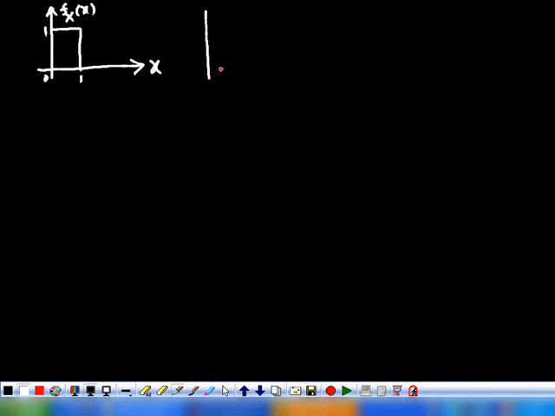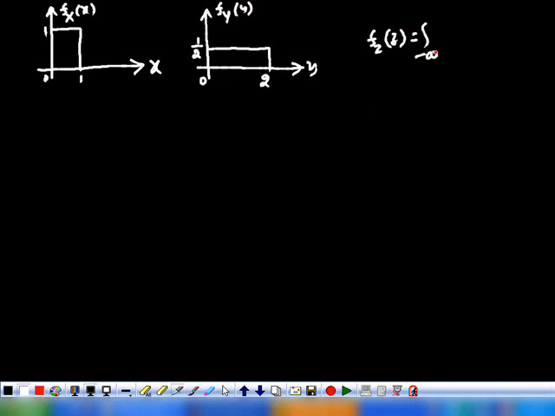And another one is fY of y, which is 1 by 2 from 0 to 2. If you observe the integral, fZ of z is equal to the integral from minus infinity to plus infinity of fX of z minus y times fY of y dy.